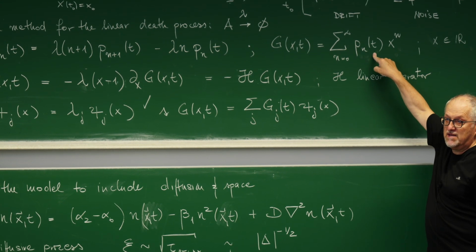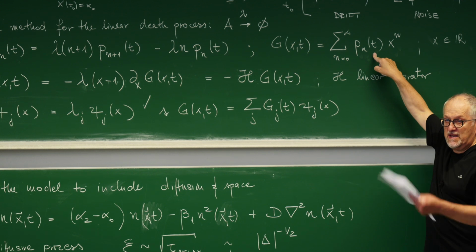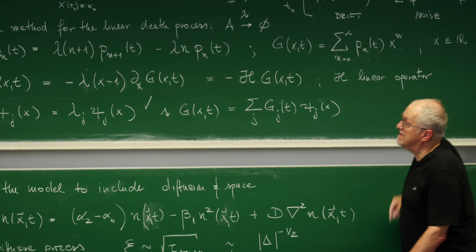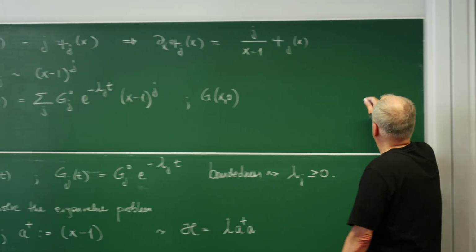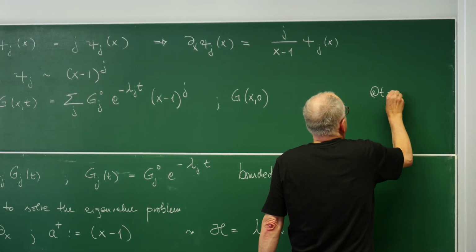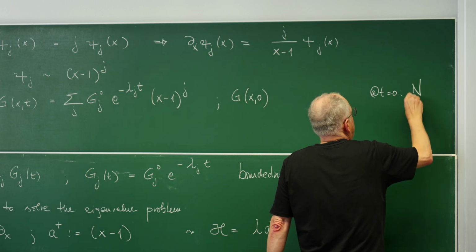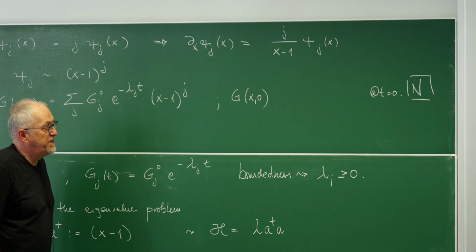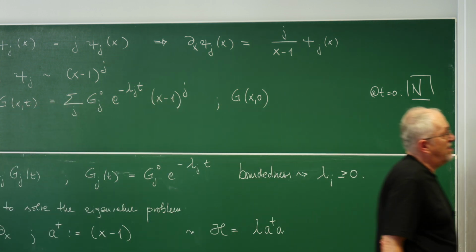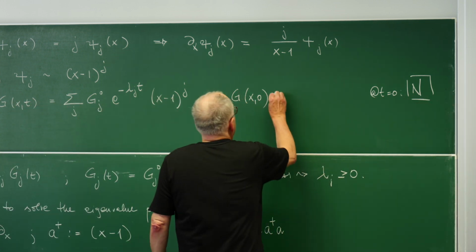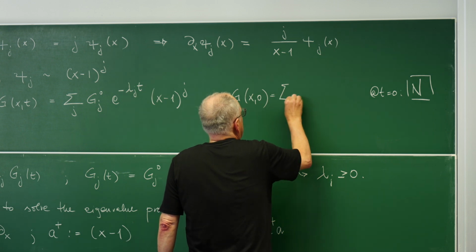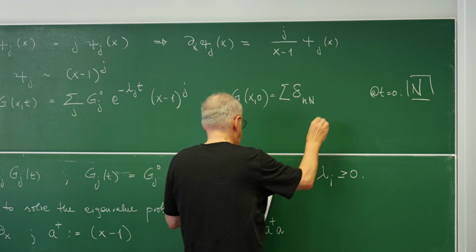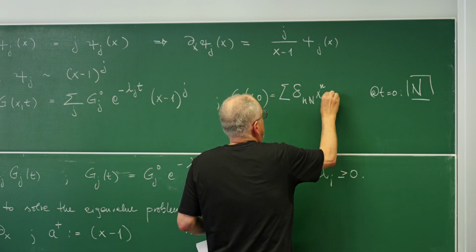And I'm fixing the system such that there's a definite initial state that's N, a capital N. So I'm saying at t equal to 0, we have N particles present. Then this on the right-hand side is just delta_{n,N} x^n.